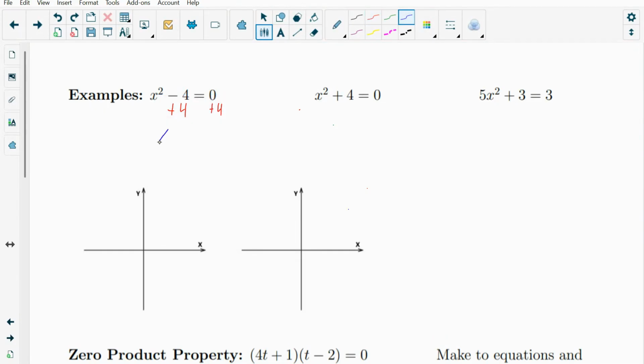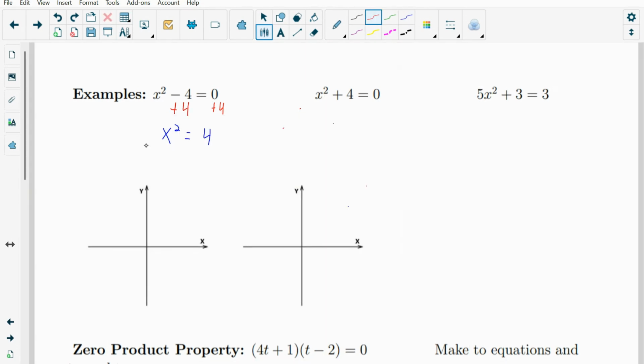That's going to give me x squared equals 4. Then, to solve for x, I'm going to take the square root of both sides. That's going to give me x equals, the square root of 4 is 2, but remember, when you take the square root of both sides, our solution is going to have plus or minus.